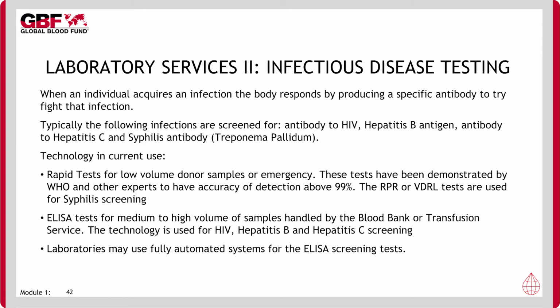The higher the sensitivity of a screening test, the lower the risk for missing an infection in the blood screened, although may produce more false positives. The types of screening tests and the technology depend to a large degree on the resources available. However, even the most manual systems have very highly sensitive tests to ensure blood safety at any facility.